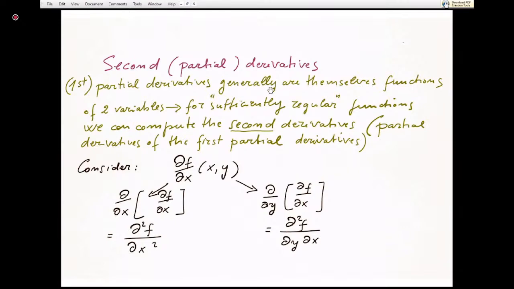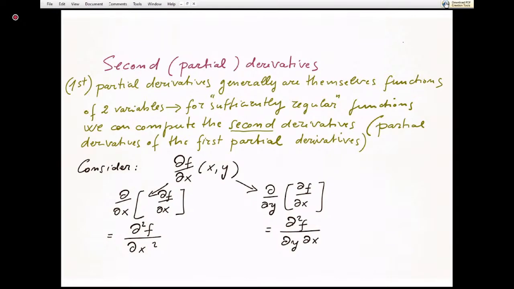This is really easy. For one variable functions, we have the second derivative. For multivariable functions, we have the second derivatives. They are, of course, second partial derivatives. Why is that? Because the first partial derivatives, which we already know, are themselves functions of two variables.